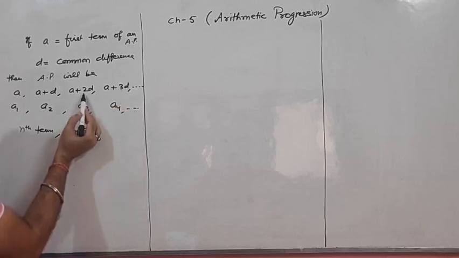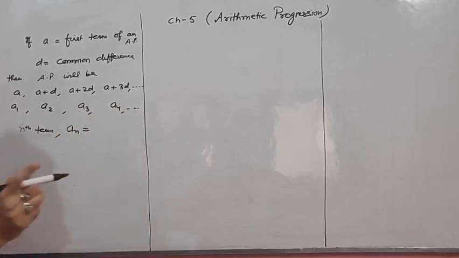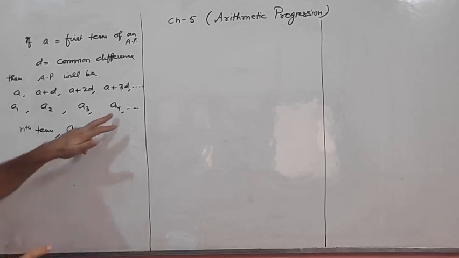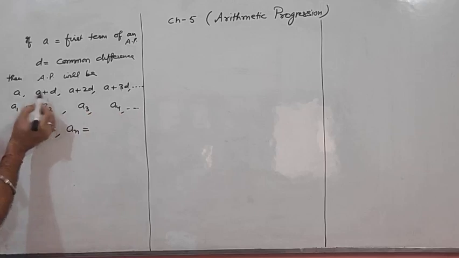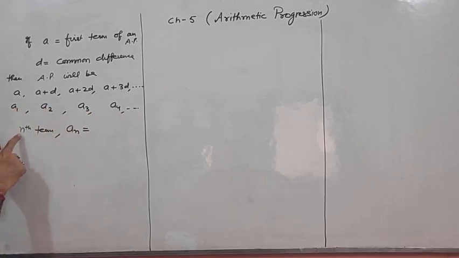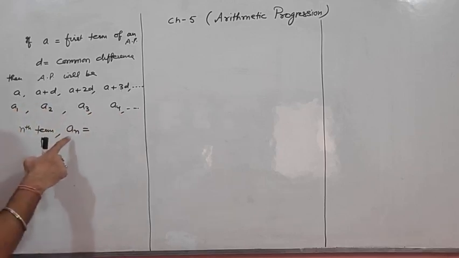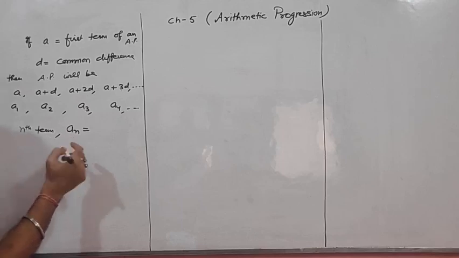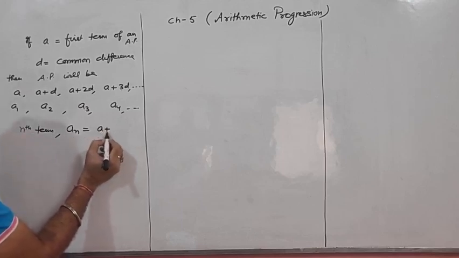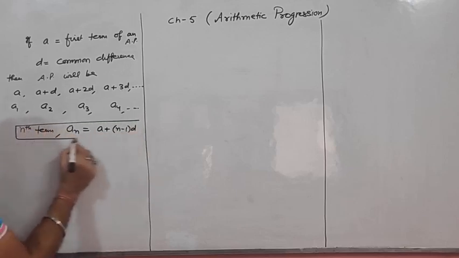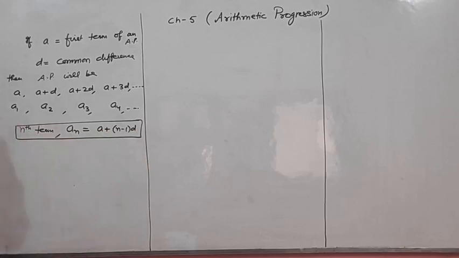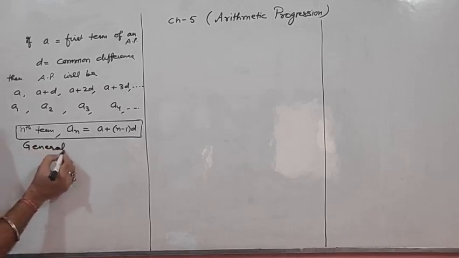In the third term the coefficient of D is 2. It means 1 less than this number. In the second term the coefficient of D is 1. So if we find the nth term, which is represented by an, then the nth term will be A plus n minus 1 into D. This is the formula for the nth term of an AP, which is also called the general term.